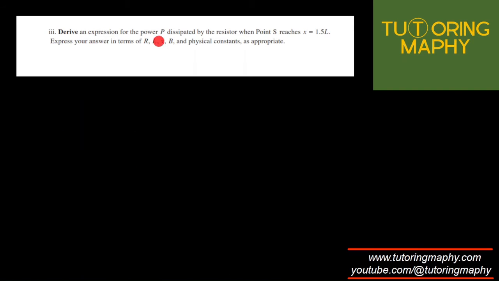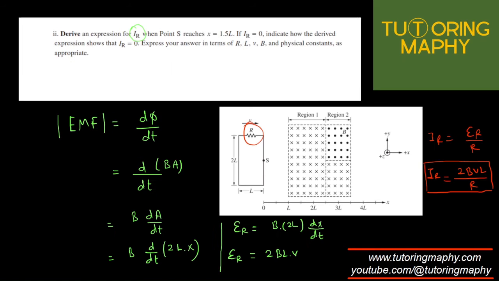Derive an expression for the power P dissipated by the resistor when S reaches this. Okay, so power is also given by I square R. In fact, this can be written as V induced square over R. What is V? I think we just derived it, right? The induced EMF is already derived, which is 2BvL.